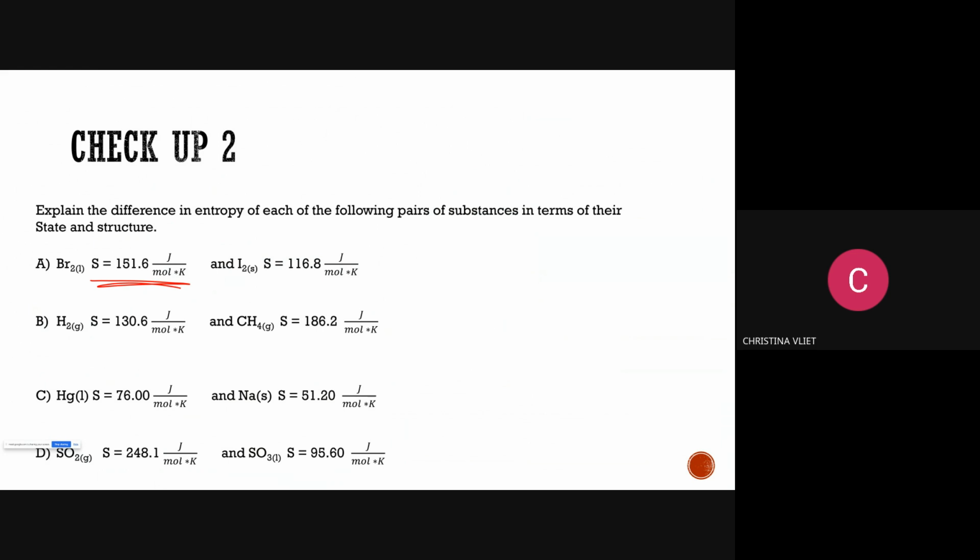Because we're comparing Br2, which is in liquid state, whereas I2 is a solid. So comparing the states of matter is the reason why.